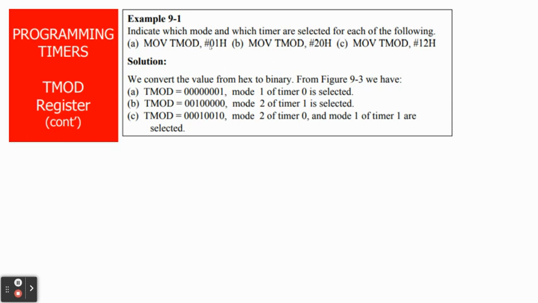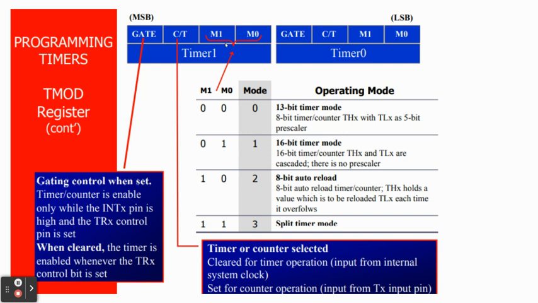In that case, the timer 1 bits will be 0 for the gate, 0 for the C/T, and 00 for M1, M0. And the 1 here, which is only 1, is actually 0001 in binary. Remember what we talked about: the first 0 is for the gate, the next 0 is for the C/T, which means it's a timer, and the last two bits represent the mode.